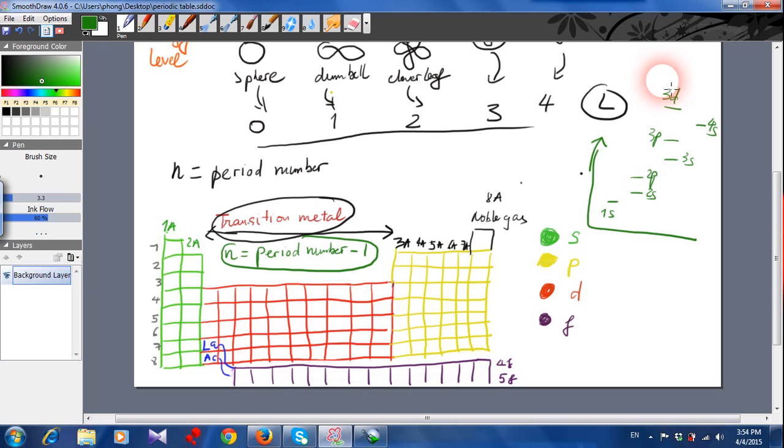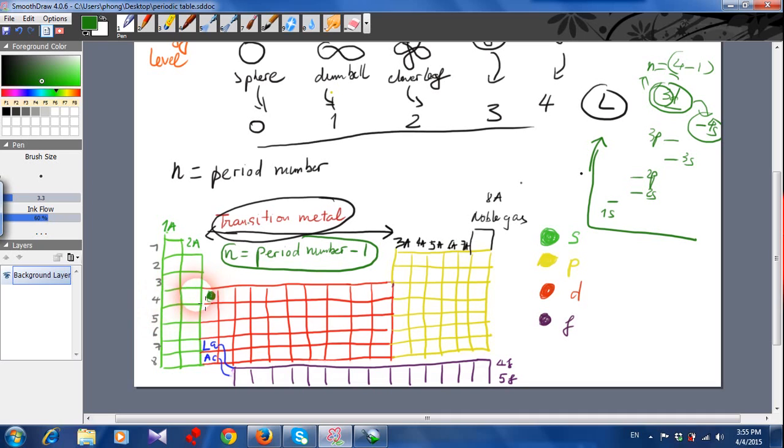So for transition metals, the 3d orbital has higher energy than 4s. So n is 4 minus 1, not 4, but it's 3.